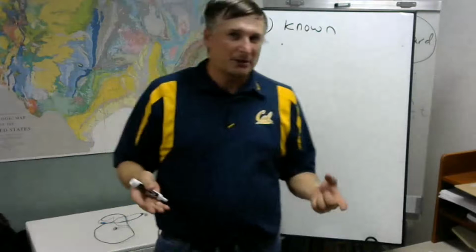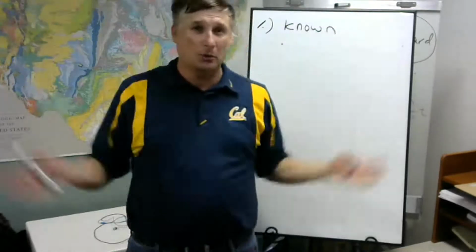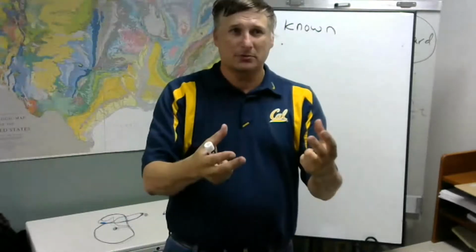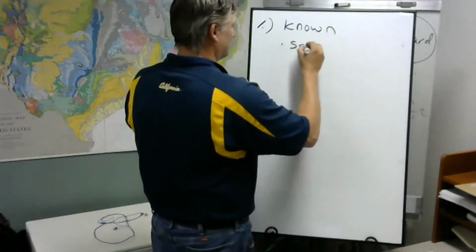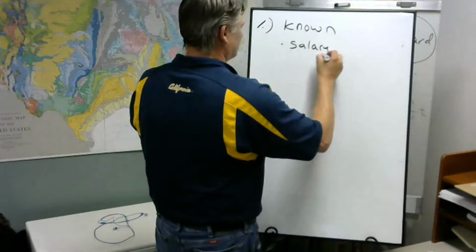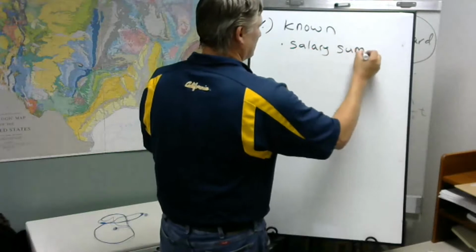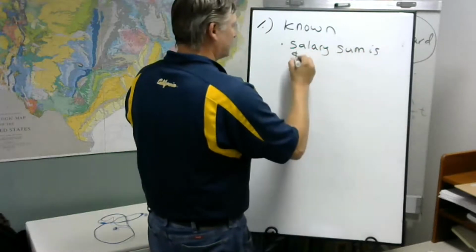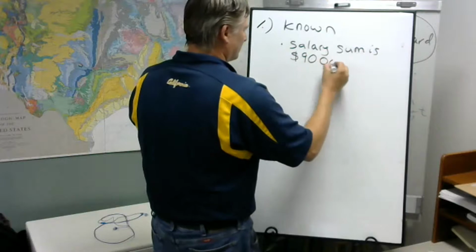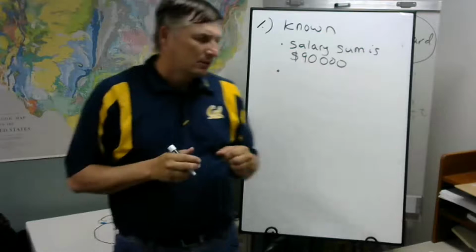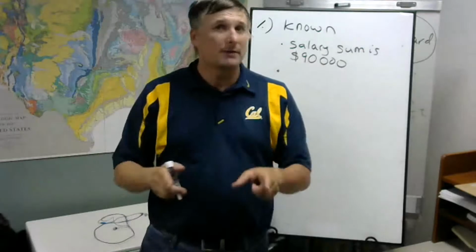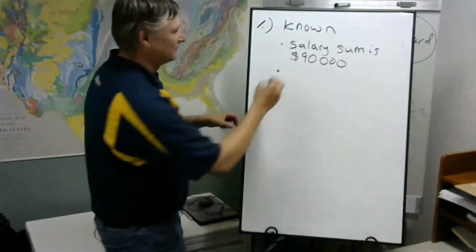You make twice as much as I do per year. And the total salaries, if you add mine plus yours, it's $90,000. So the sum is 90,000. We know that. We also know you make twice as much as I do.